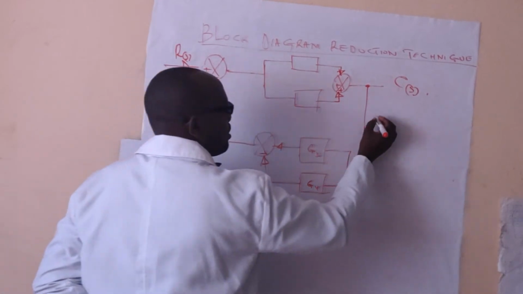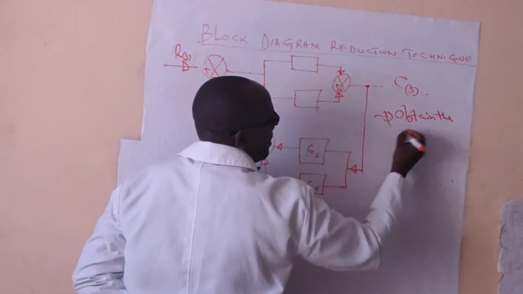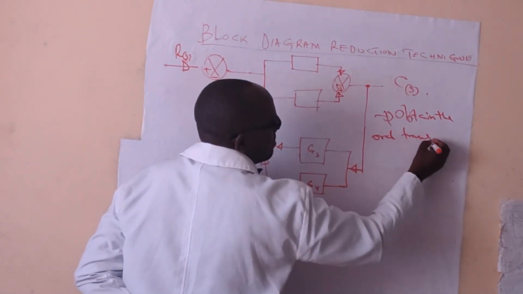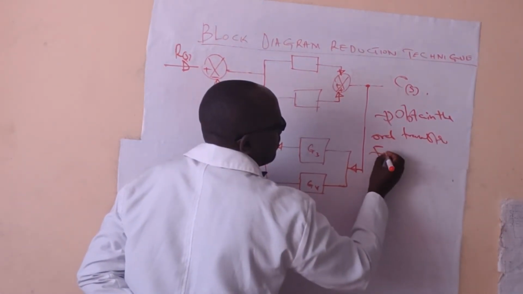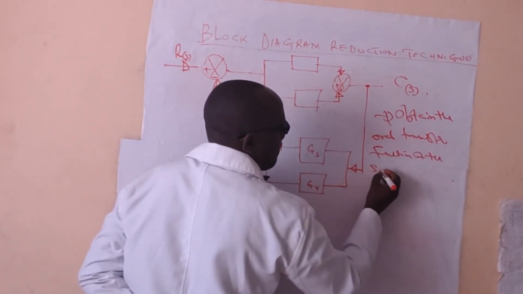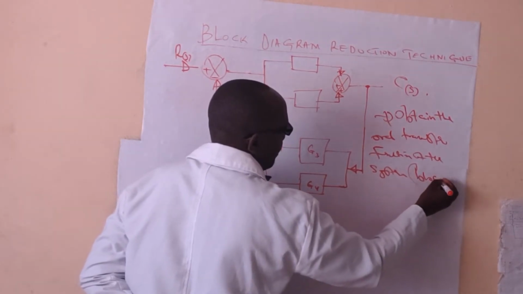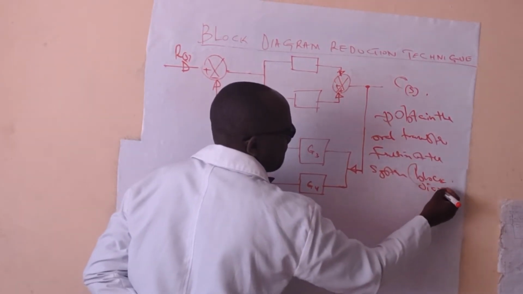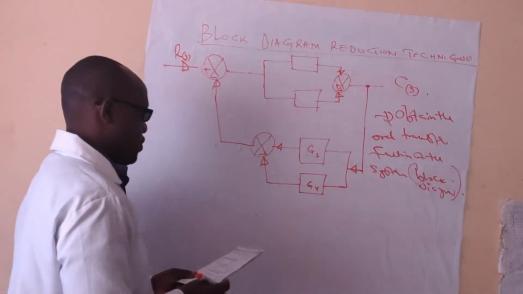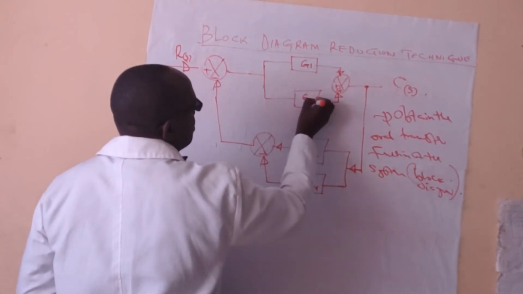So the question could be: obtain the overall transfer function of the system, which in our case is the block diagram. This one is G1 and this one is G2.